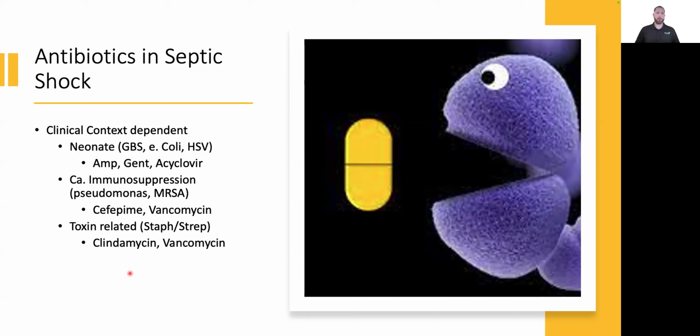In your immunosuppressed patients, you're going to consider covering for Pseudomonas or MRSA, giving things like cefepime or vancomycin. If this is a toxin-related issue where you have a staph scalded skin syndrome, maybe you're going to start them on vancomycin, but also halt the protein production by throwing on some clindamycin for this patient.